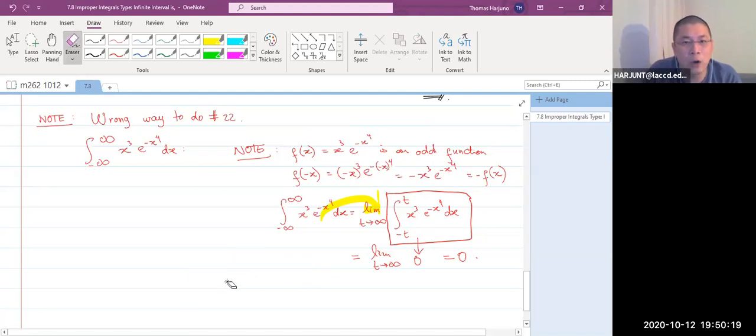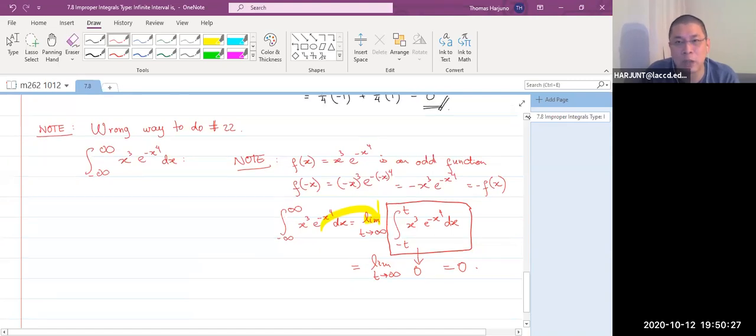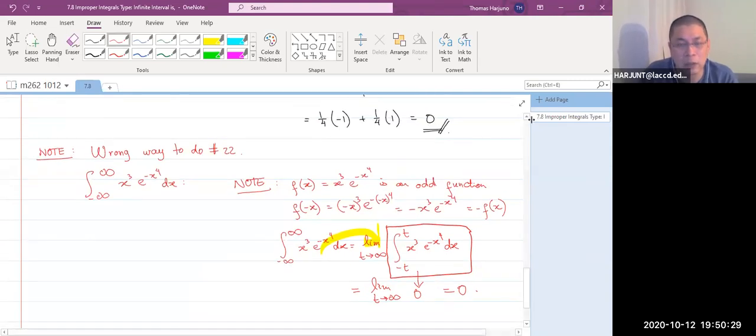The same argument doesn't work if we use this. So it seems like the answer is 0, which happens to be the same as our answer, but this is a wrong way because you assume t goes to infinity at the same rate to the left and to the right. You will see this doesn't work for, let's say, x cubed dx. It doesn't work.